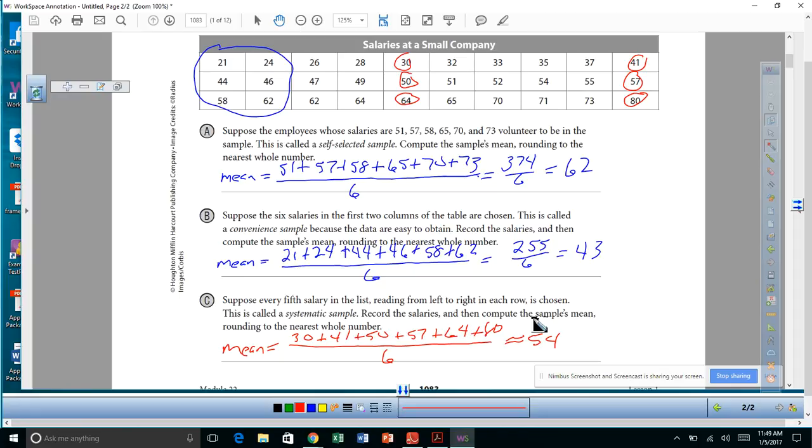Notice we took 3 samples from this data, and we came up with 3 totally different means.